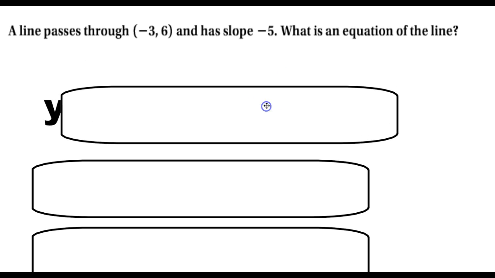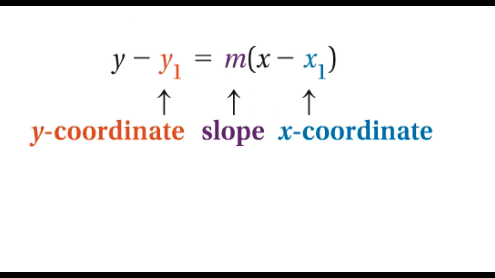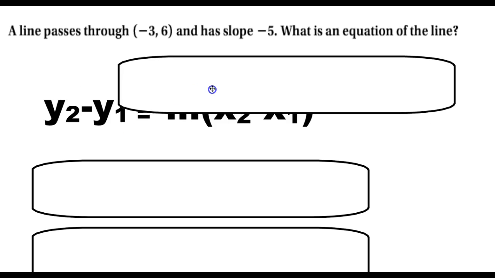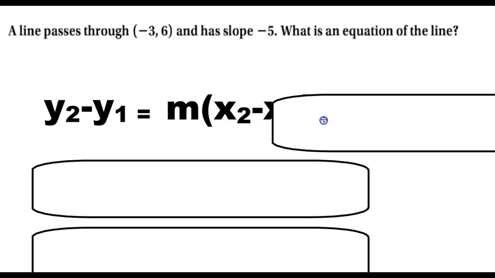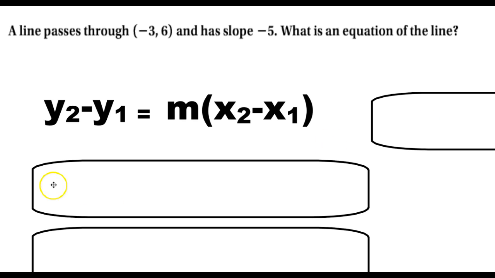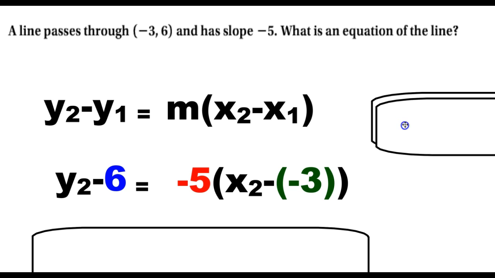Alright, so we have y2 minus y1 equals m times x2 minus x1. That's our point-slope form equation. Substitute in the values we know. So positive 6 goes in right here for y1, -3 goes in over here for our x1, and then -5 goes in for our slope. And so here's where we need to clean it up a little bit.